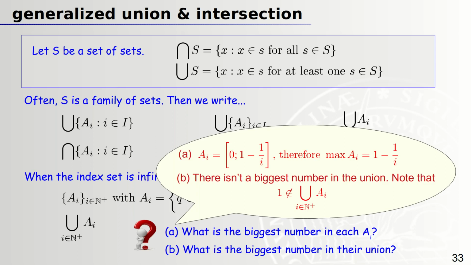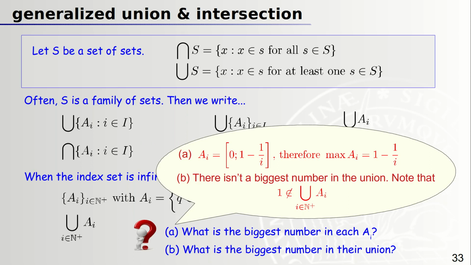As the individual Ai are these closed intervals, the largest element in each of them is 1 minus 1 over i. And so the set we're looking at in the second question is the generalized union of an infinite number of these closed intervals. Each of these intervals contains a greatest number.